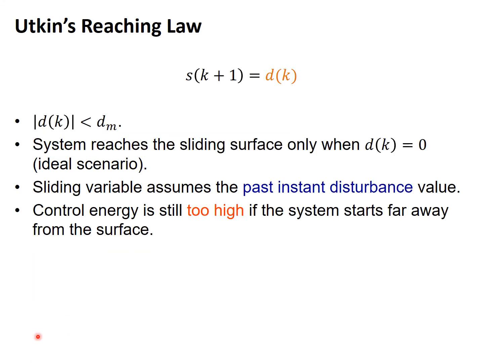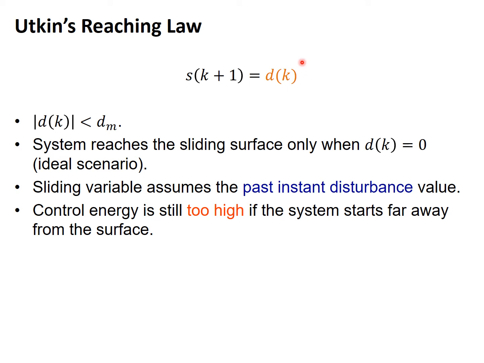If we consider the disturbance, then it looks like this. The disturbance comes in the right hand side, and then what happens? The system reaches the sliding surface only when d(k) equals 0, and the sliding variable assumes the past instant disturbance value. You see, s(k+1) equals d(k), that means s(k) at this present moment is d(k-1), the past disturbance value.